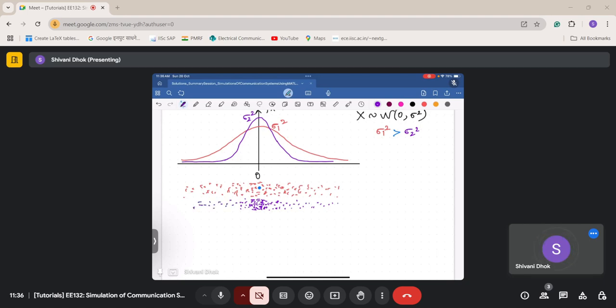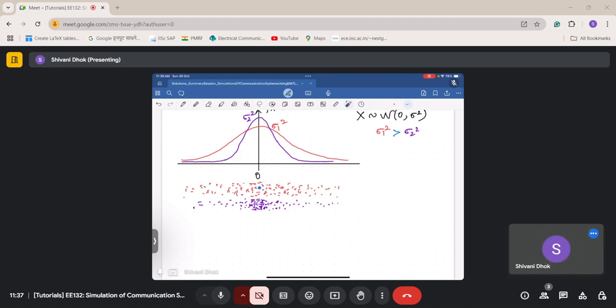So here the noise values at higher amplitudes will be very small. Let's reduce it further; it will be concentrated more towards 0. So what will happen if we have higher noise variance?